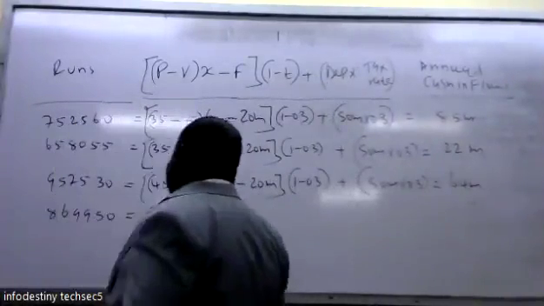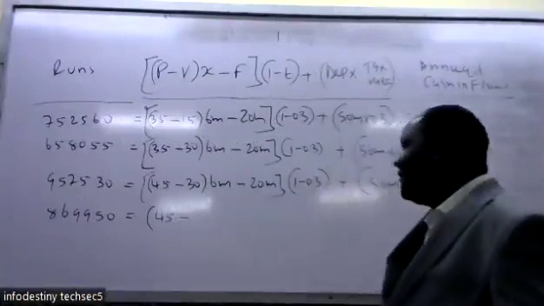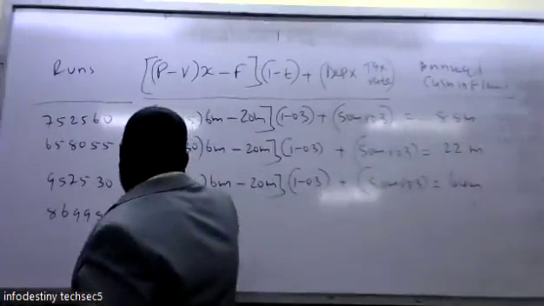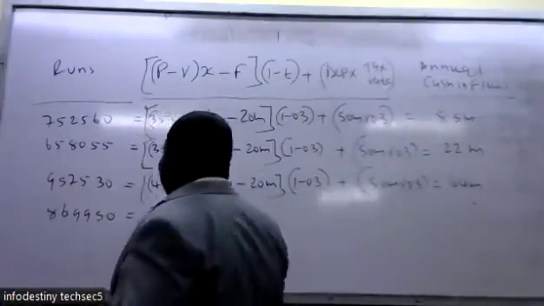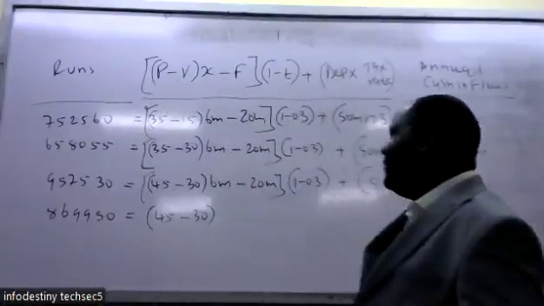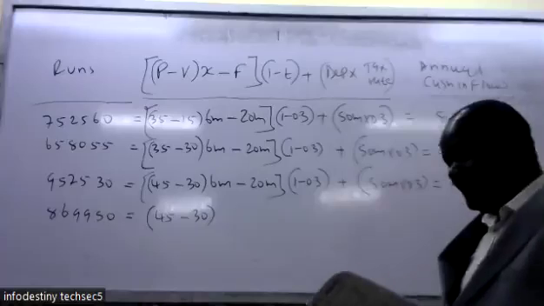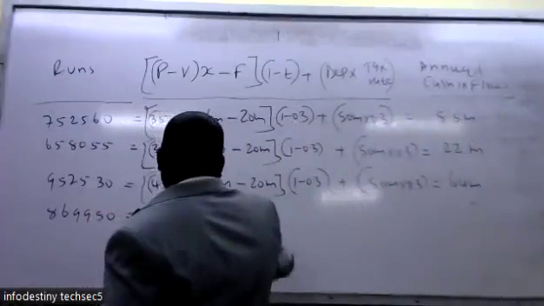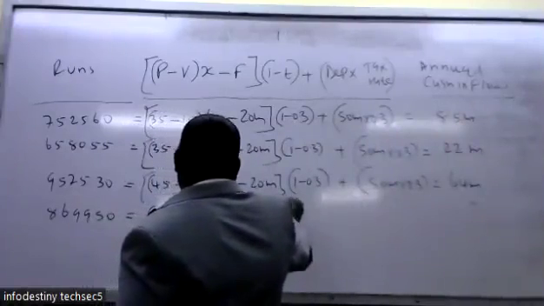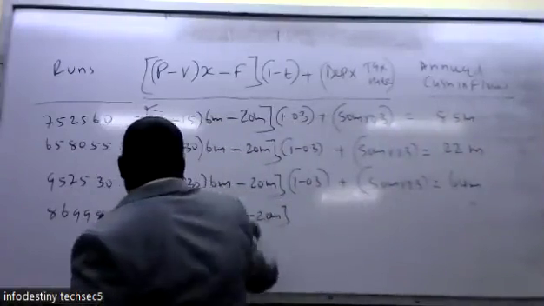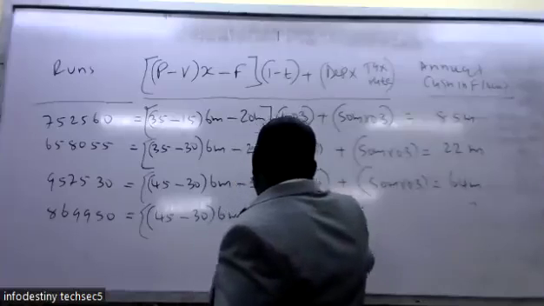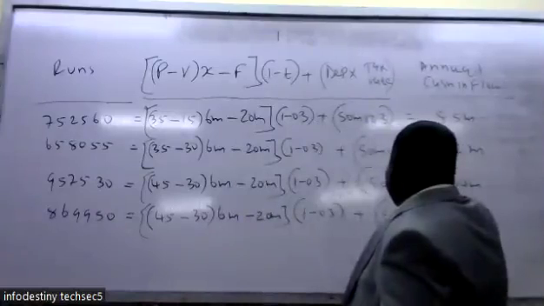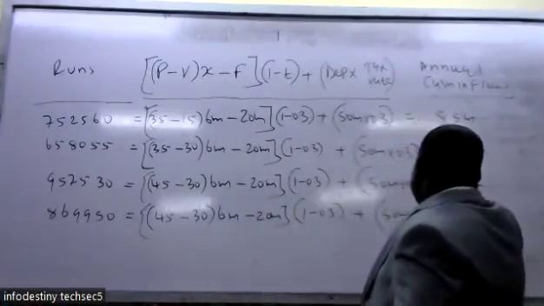Then 99 gives 30. Then 50 gives how much? It is still 6 million. The rest does not change. So it is just 64 million, isn't it?